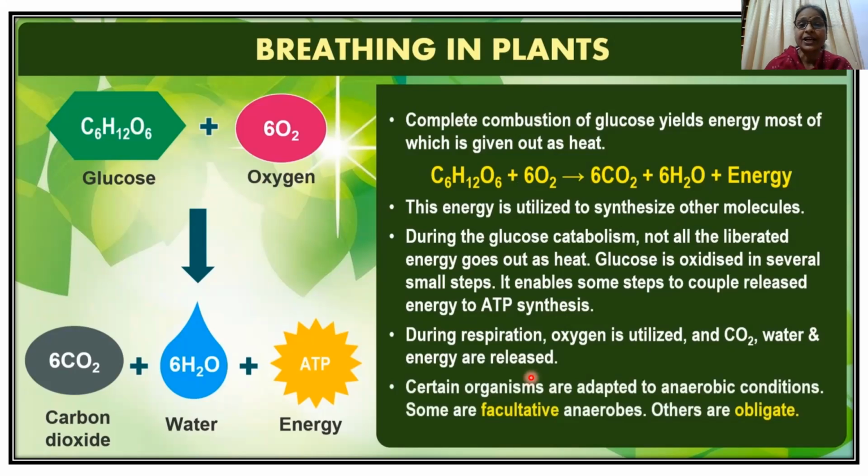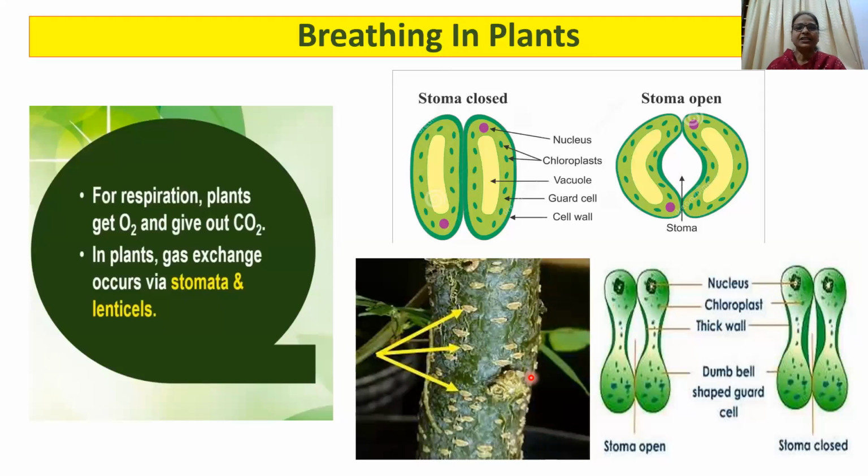So in this way, there is exchange of O2 and CO2 during respiration, and we can call it breathing. For respiration, plants get O2 because O2 is required for oxidation of carbohydrates, and they give out CO2 as a product of respiration.